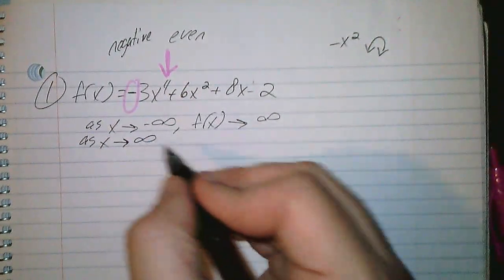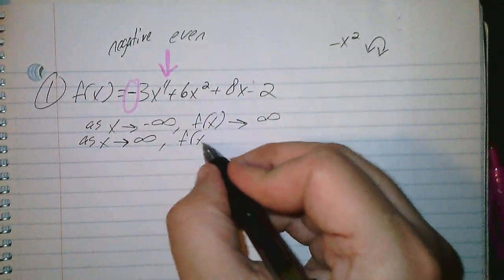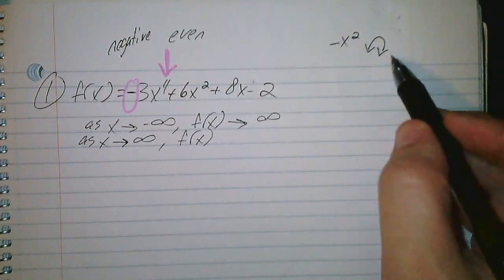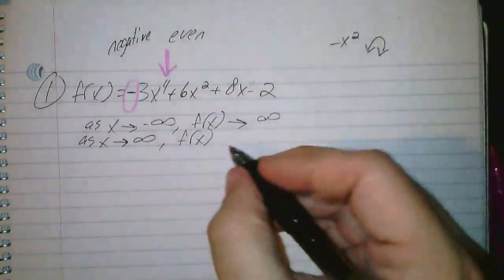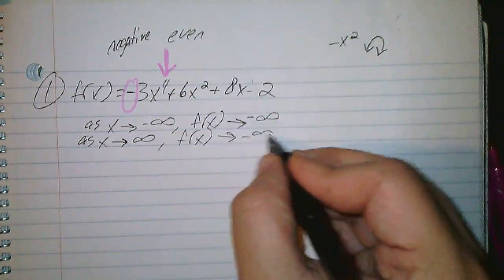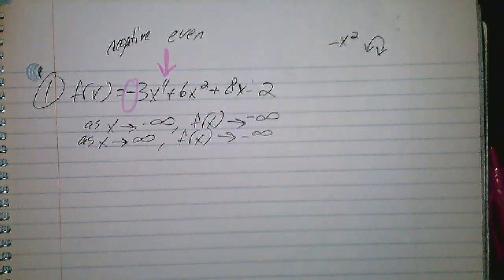As x approaches positive infinity, f of x is still going down. It's going down on both the left and right. Forgot to put a negative sign. So the y value is going down towards negative infinity both times.